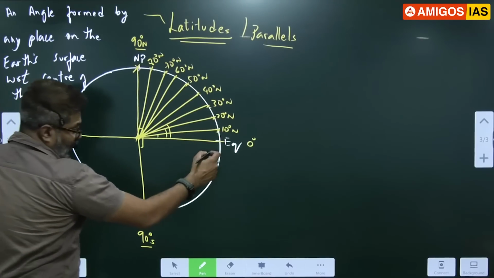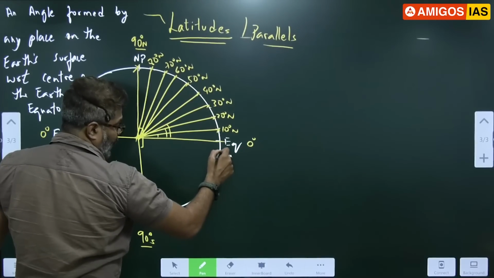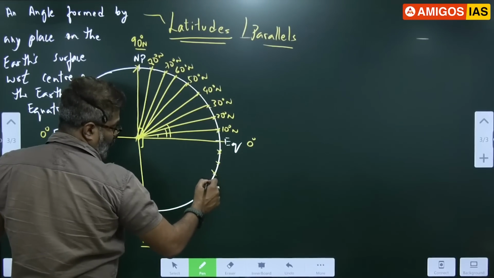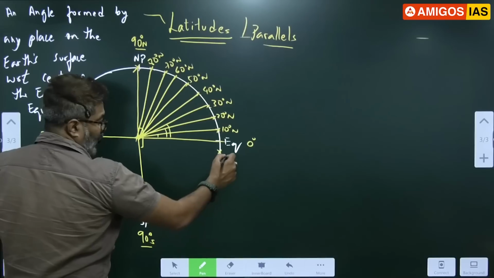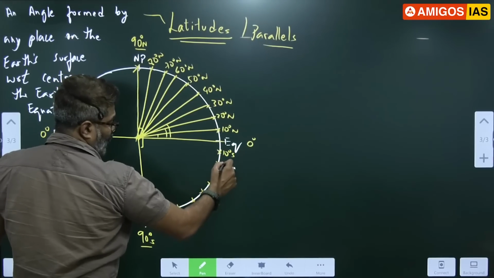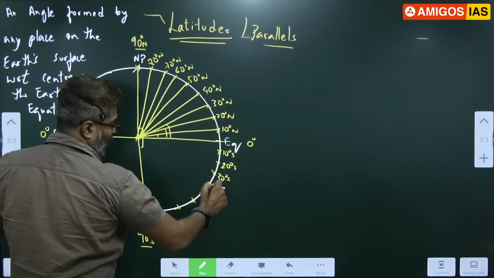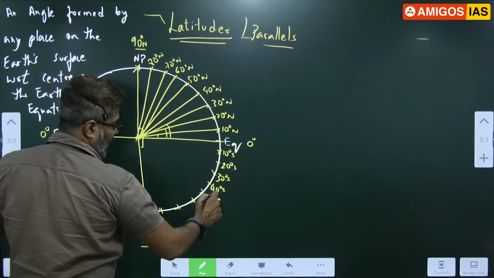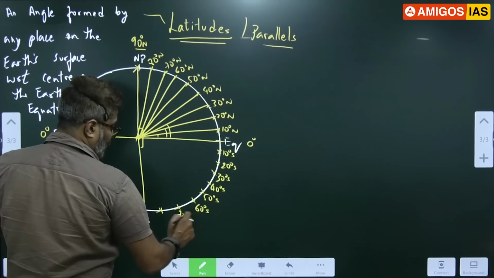What about the southern hemisphere? Let's say another point I'll take here. Like this, again 10 degree south, 20 degree south, 30 degree south, 40 south, 50, 60, 70, 80 degree.